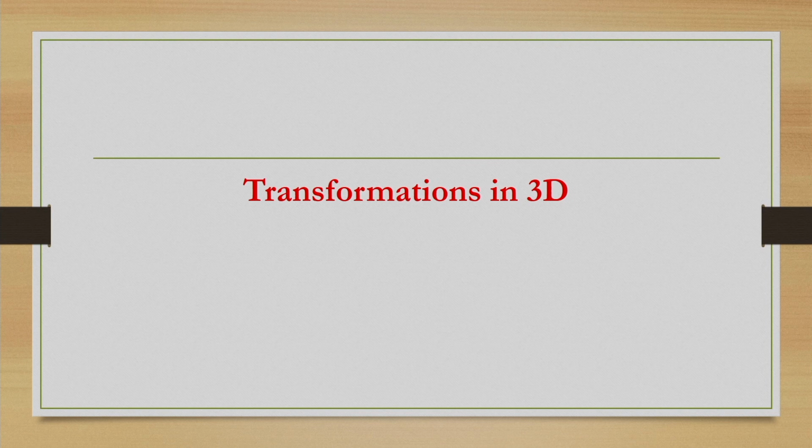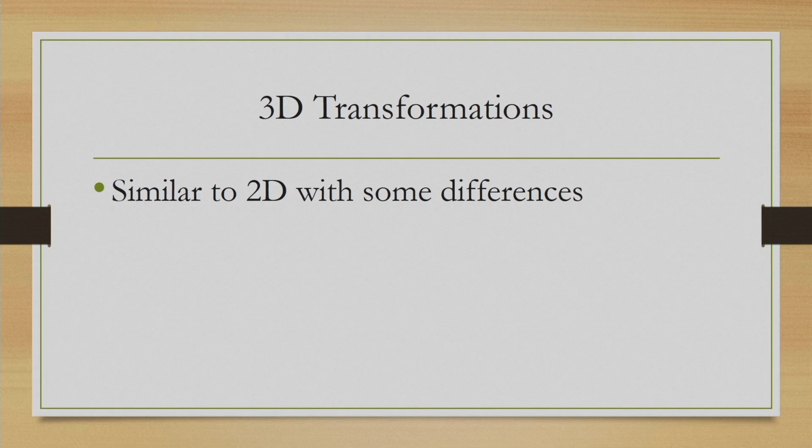So, when we talk of 3D transformation, essentially we refer to all the basic transformations that we have already discussed in 2D, but in a modified form. The transformations are actually the same as in 2D, but their representation is different.